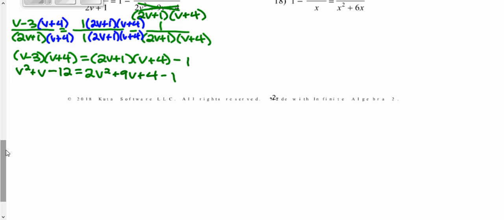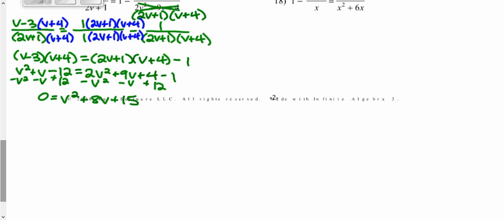So I'm going to go ahead and combine like terms. I'm going to subtract v squared. I'm going to subtract v. And I'm going to add 12. So that would actually give me a 0 over here because I've gotten rid of everything. That would give me v squared plus 8v plus 15 if I combined all those like terms.